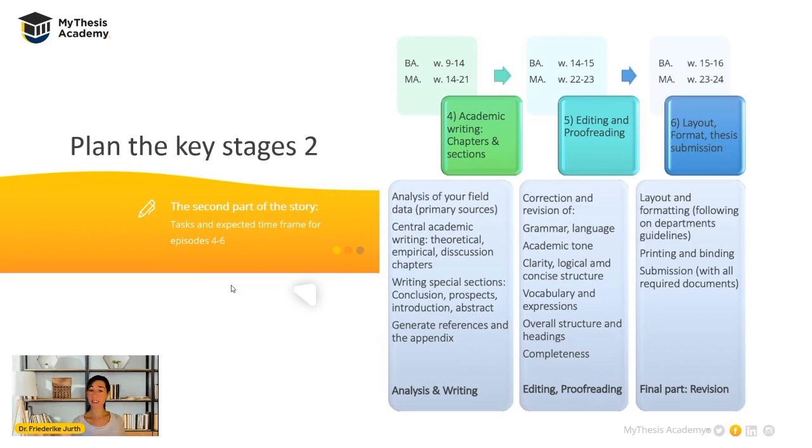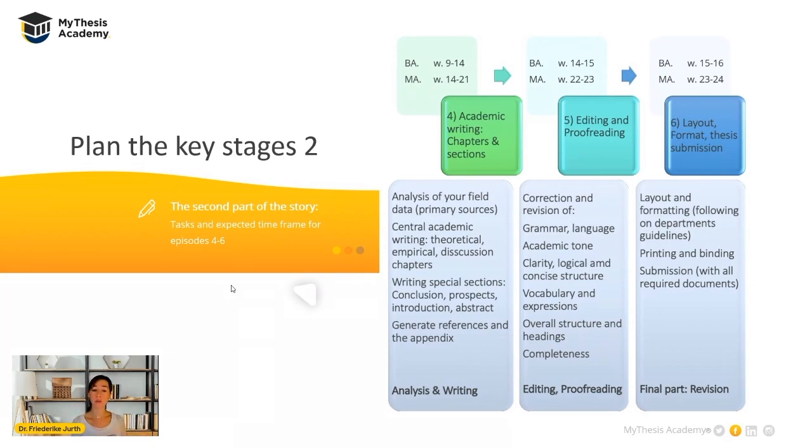On the conclusion, on the prospectus, like on the further research questions, on the introduction, and on the abstract. These sections are a little bit outstanding, where the conclusion is still connected to the discussion chapter.